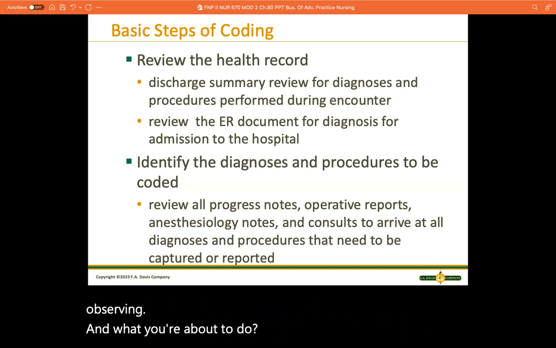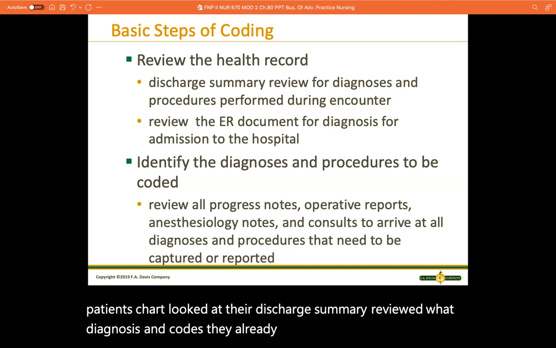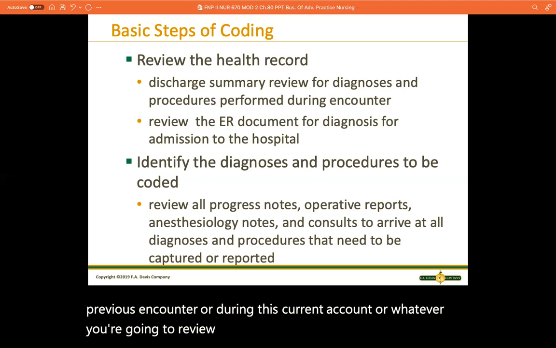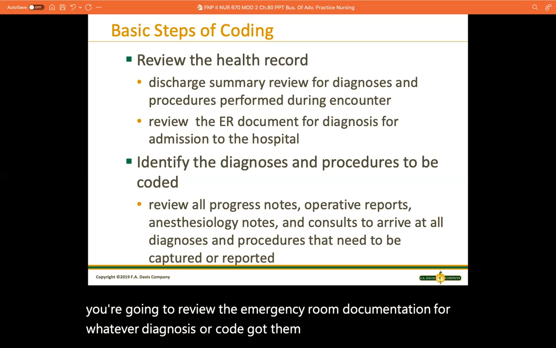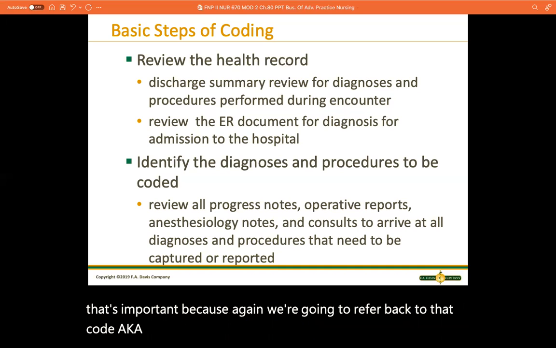So we reviewed the patient's chart, looked at their discharge summary, and reviewed what diagnoses and codes they already have listed from the previous encounter or during this current encounter. You're going to review the emergency room documentation for whatever diagnosis or code got them admitted to the hospital. That's important because we're going to refer back to that code, aka diagnoses, when we document our H&P if we need to.